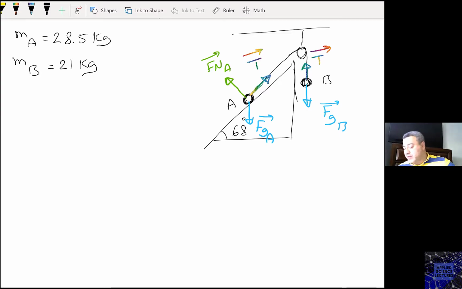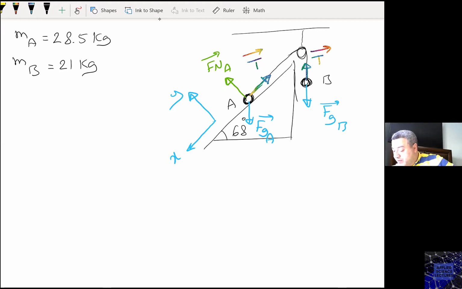So in order to calculate the normal force, let me take my coordinates to be the following: X, Y. Okay.